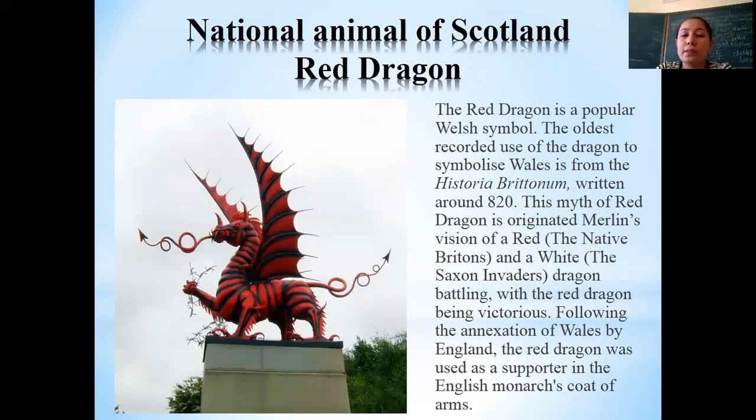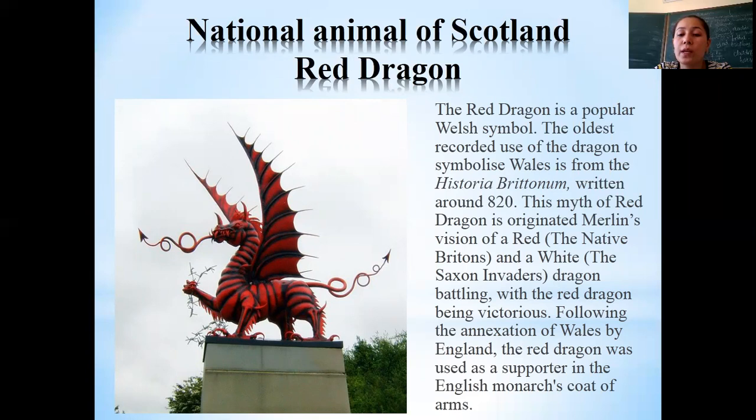So the next one is the national animal of Wales, the red dragon. The red dragon is a popular Welsh symbol, and the oldest recorded use of the dragon to symbolize Wales is from the Historia Brittonum, written around 820.